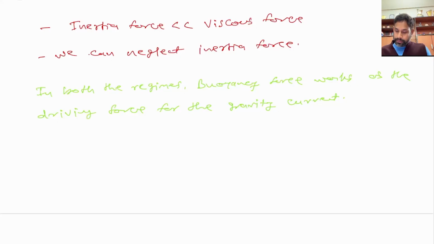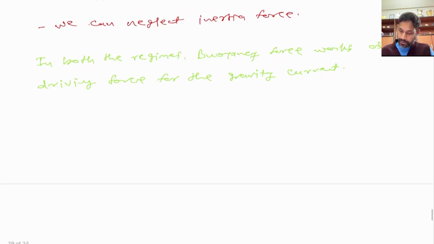Okay, so now we will try to find the different forms of these forces and how they relate with each other.